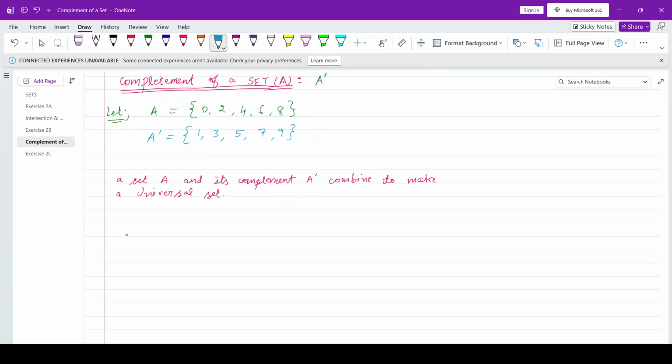So from here we have three conditions. Let's say when A and A prime are complement sets, then condition 1, A intersection A prime must be an empty set.